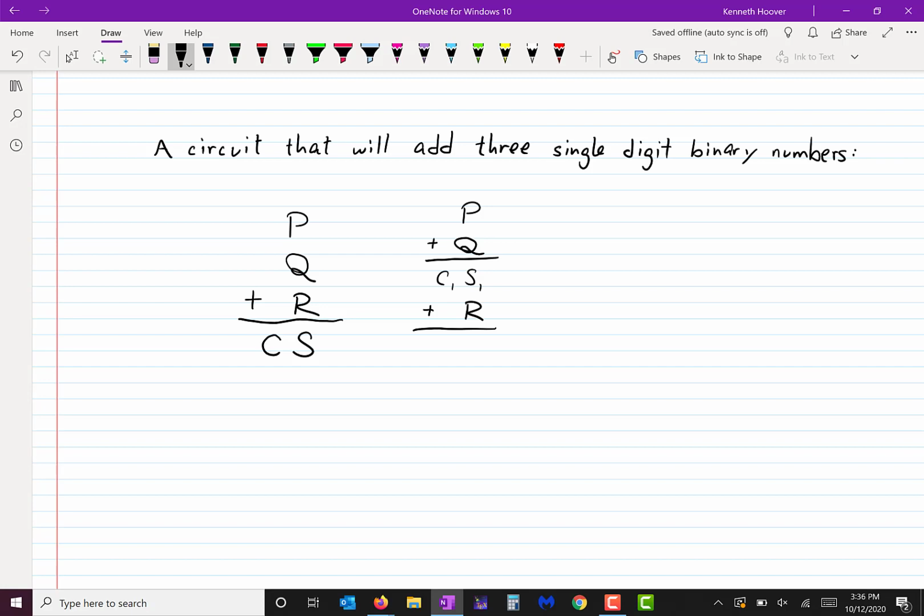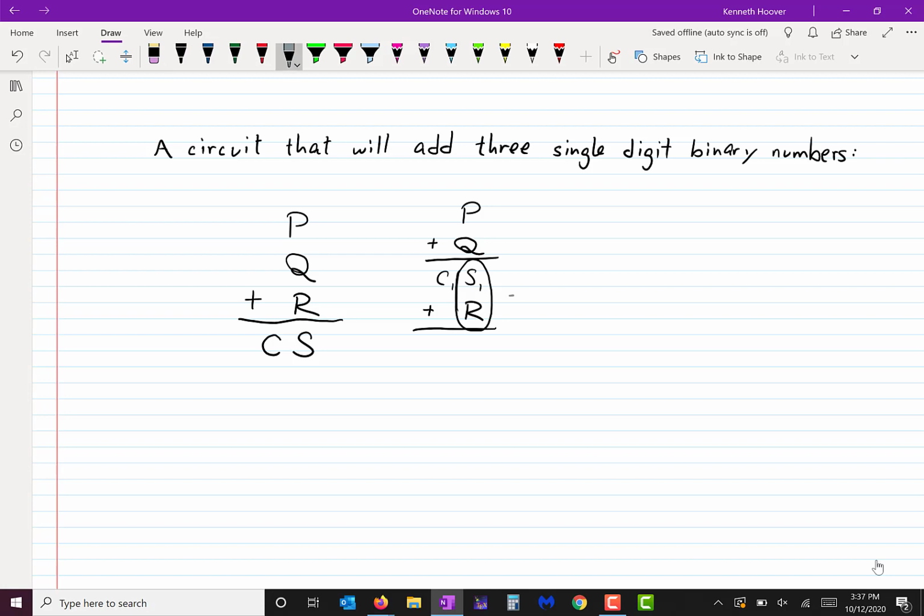Okay? Now remember, R is just a single digit number. So R only gets added to S1. Now we might have some carryover, okay?